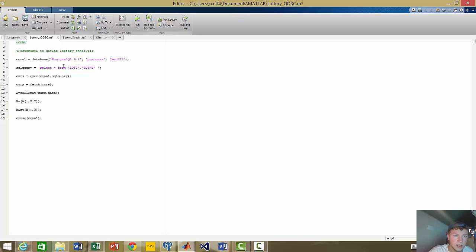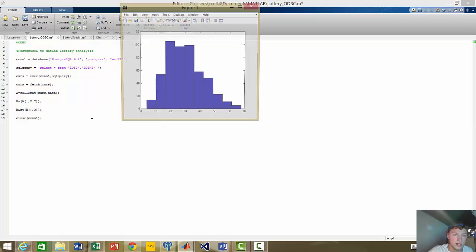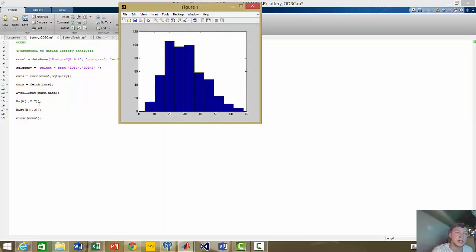Make this 3. Now, the function here is actually set up where it takes a matrix A, where the first column is a value that corresponds to the pick number.